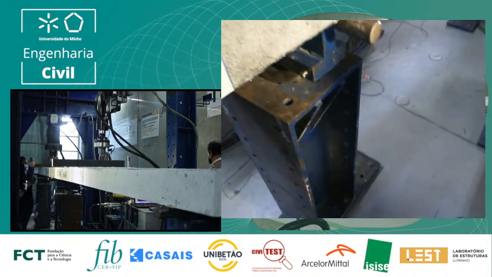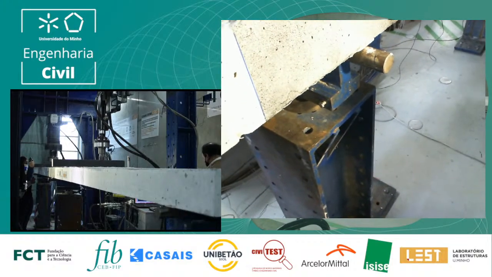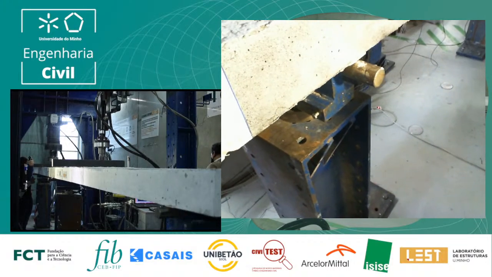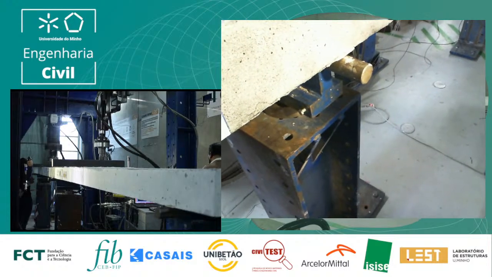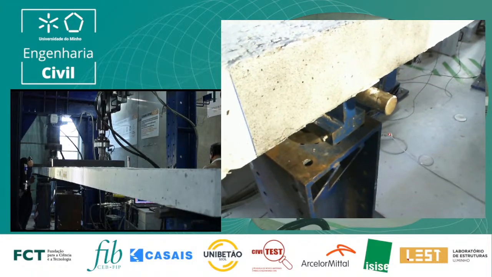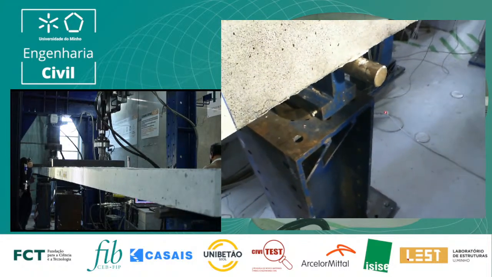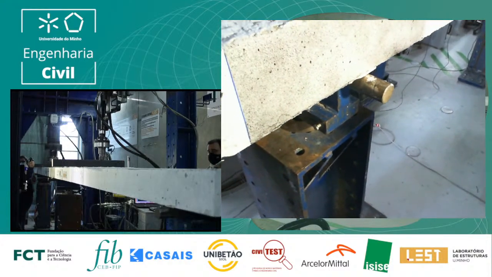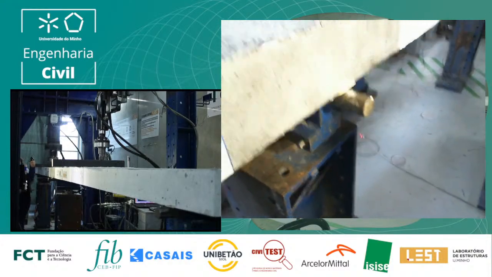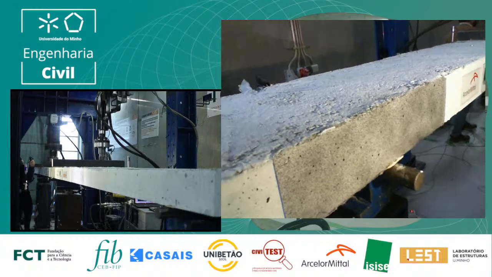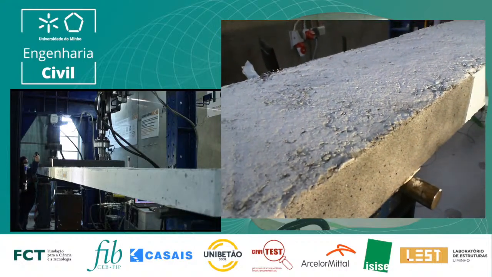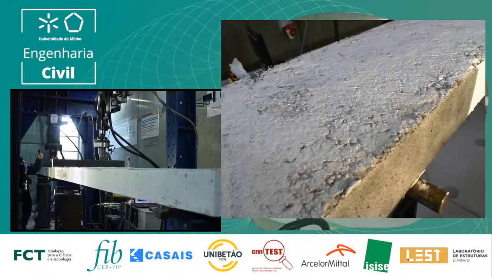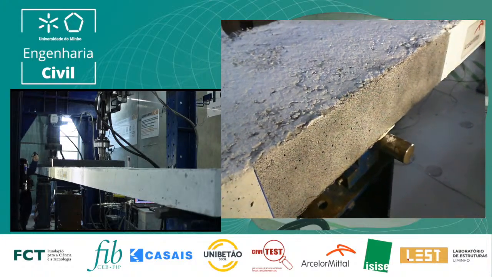So now I'm trying to comment on what will happen. As you can imagine, in the hogging region, the region that I'm pointing out now, we expect to have the first cracks. So this is the top. Up to now, we have not yet any cracks.